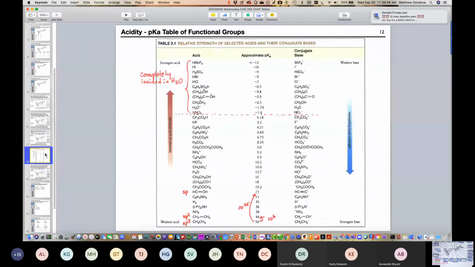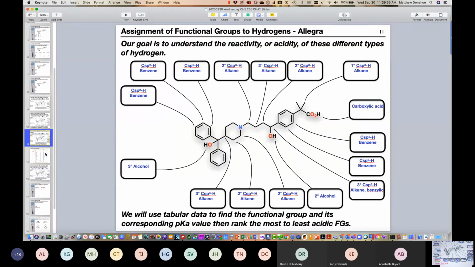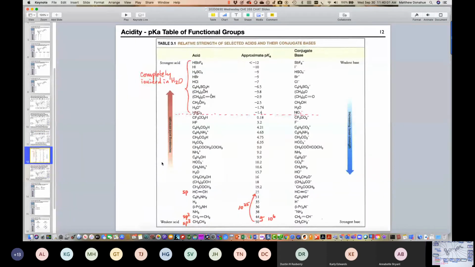So here is that table. We're taking those 4 functional groups. We want to look on this table, and this is a table from the prior book that organic chemistry was using.